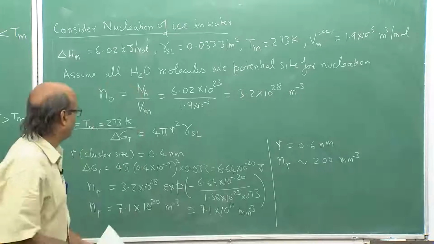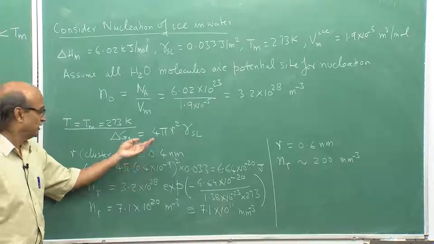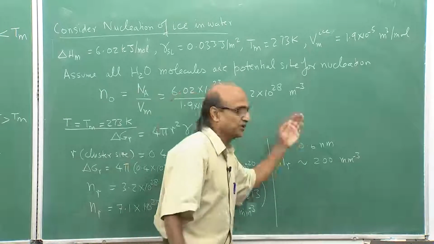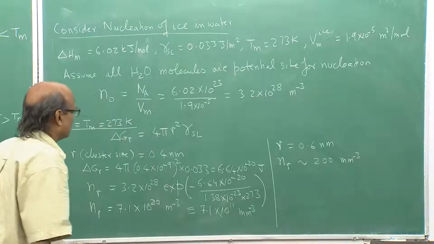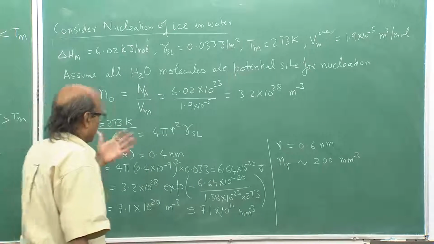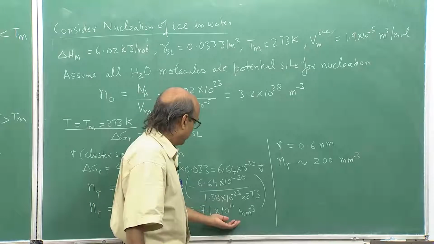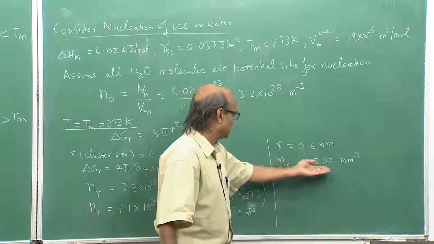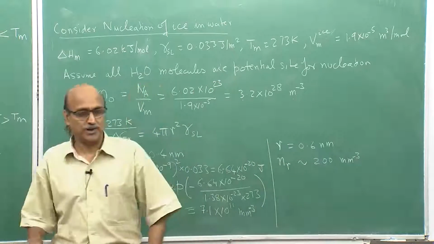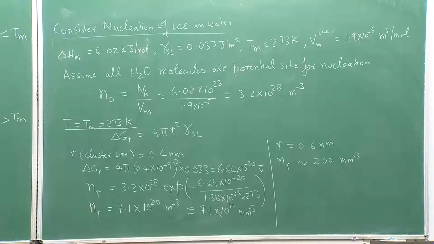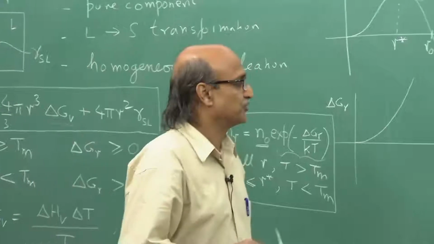So, just by a small change in the size of the nucleus from 0.4 nanometers to 0.6 nanometers, the density of nucleus goes down from an order of magnitude of 10 to power 11 to just 3 orders of magnitude in 1 millimeter cube. So, this shows how sensitive the number of nuclei would be as a function of size.